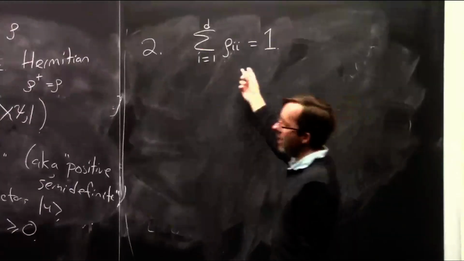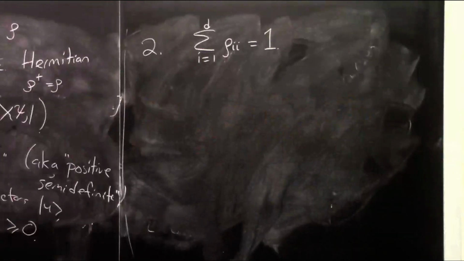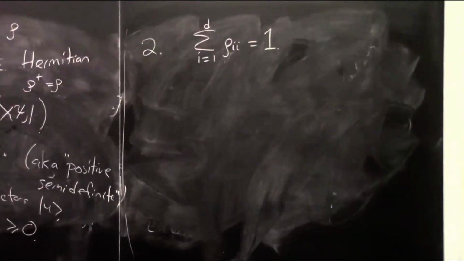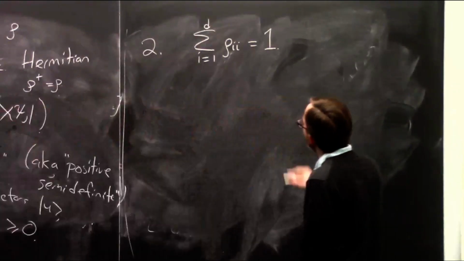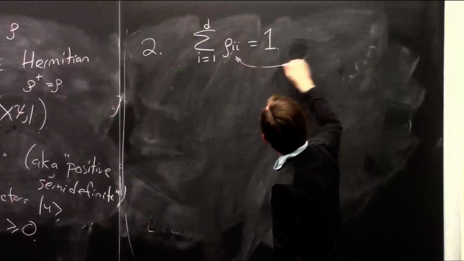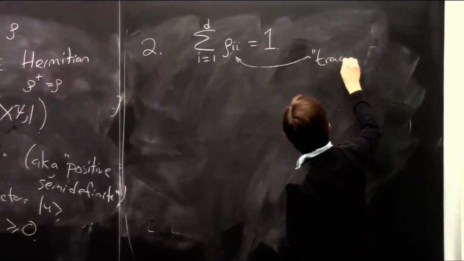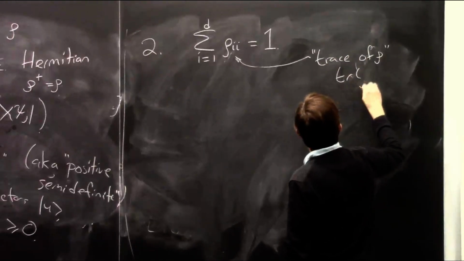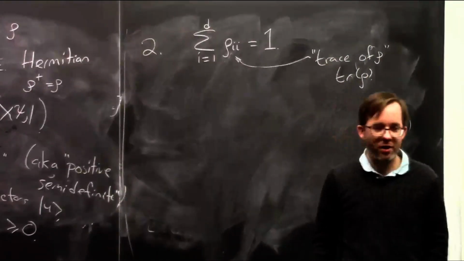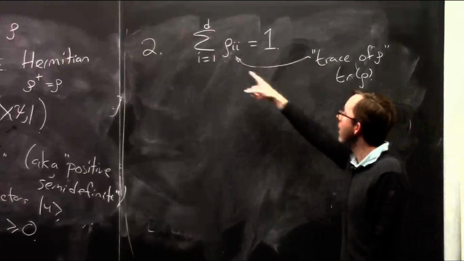Right, because these are the probabilities. You'll measure each outcome in the standard basis. Of course, they have to add up to 1. And if you're a lover of linear algebra, you may recognize this as the so-called trace of rho, sometimes denoted trace rho. If you start reading quantum books, they'll talk about trace all the time, and it means this number.